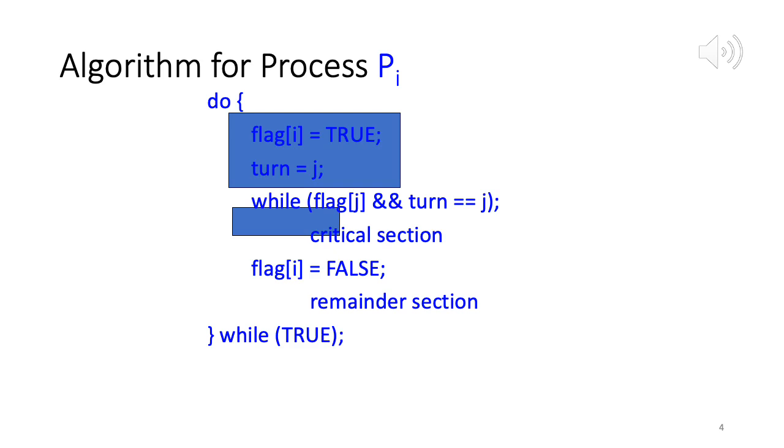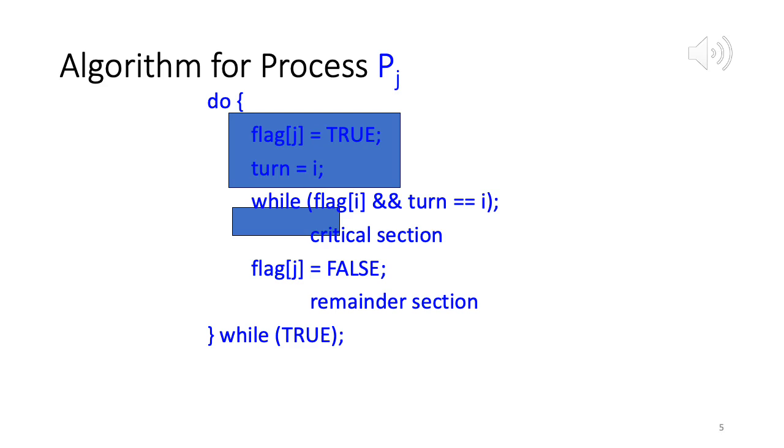Remember that we declare our intention by setting flag as true. So once a process exits its critical section, it sets its flag as false, therefore just being nice so that the other process can enter, and then remainder section and then true. Likewise we have code for Pj, and then we'll see both of those codes side by side.